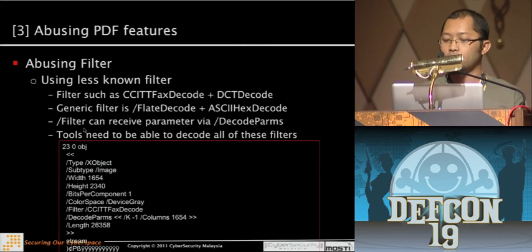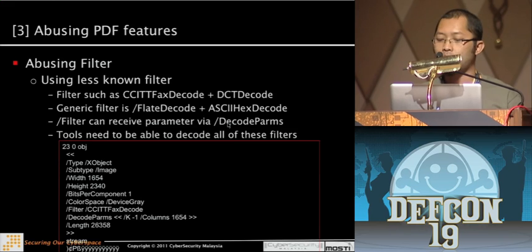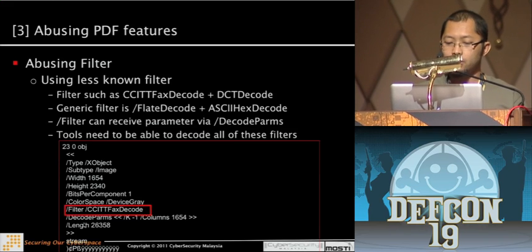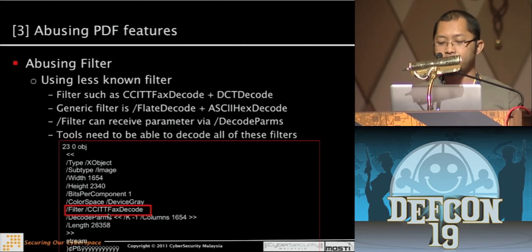You can implement it within the parameter called DecodeParms. For example, this code implements CCITTFaxDecode. It's normally for images, but it doesn't really matter. It's not necessarily an image. You can put whatever you want, as long as it's within the format of the CCITTFaxDecode.